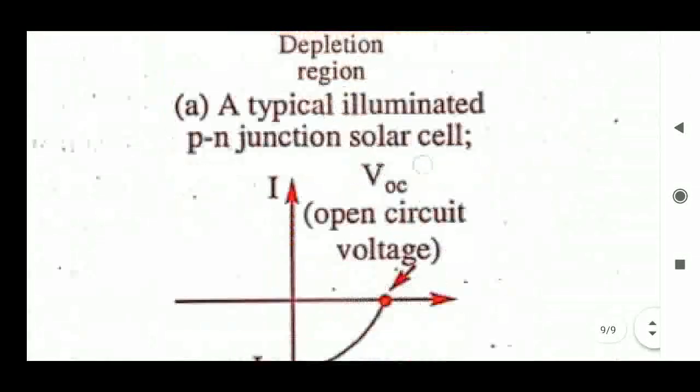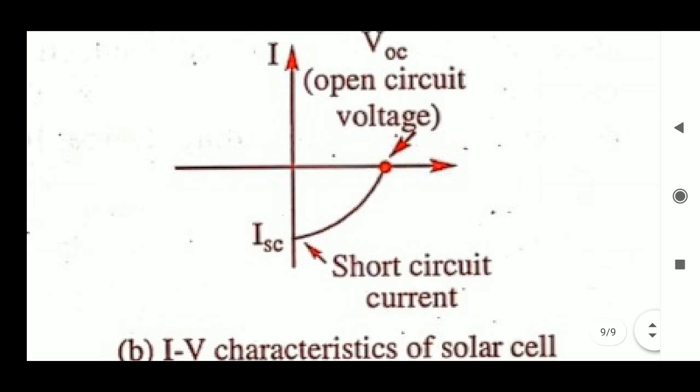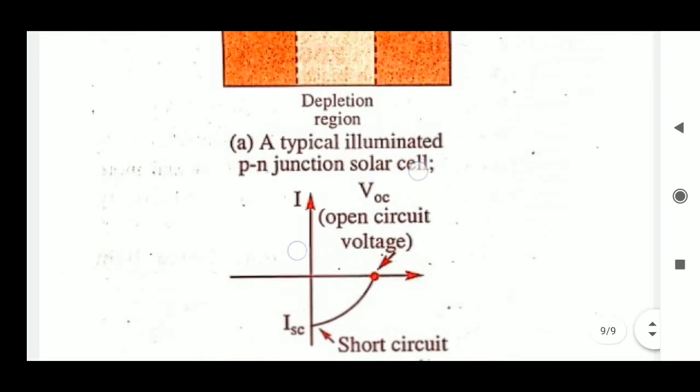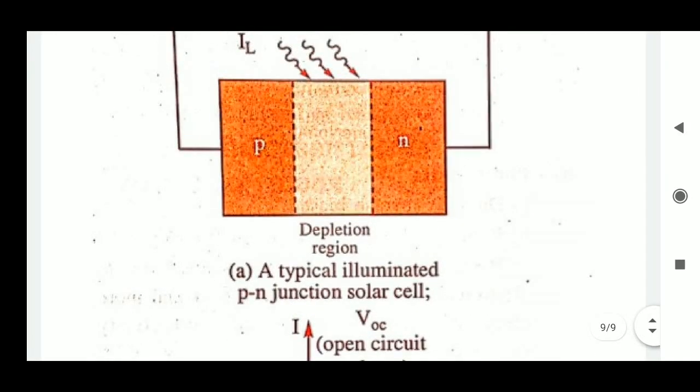That potential is called potential in open circuit. Current becomes zero and potential becomes maximum. And where do they use solar cells? They use them in satellites to convert light energy into electrical energy. And some types of instruments like calculators use this type of solar cells.